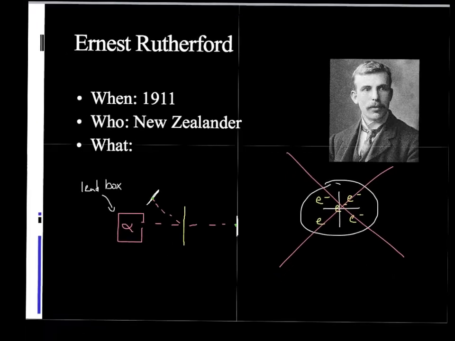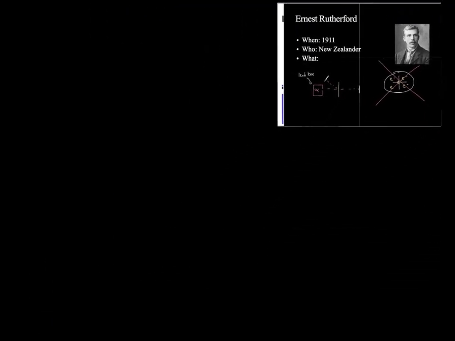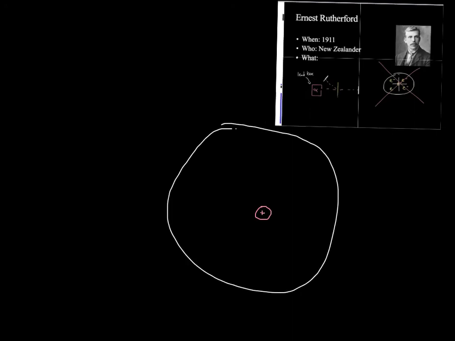What he said those alpha particles were bouncing off of was a nucleus. So there was something at the center of the atom that was densely packed and positive. That was the nucleus. And then surrounding the nucleus was a large area that housed the electrons, which he called the electron cloud.